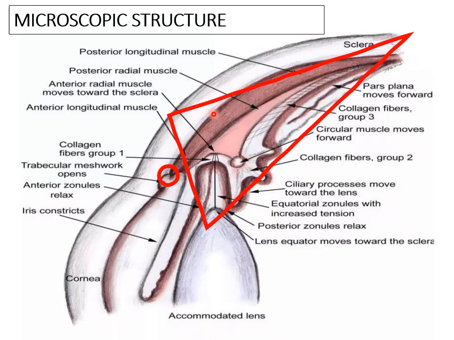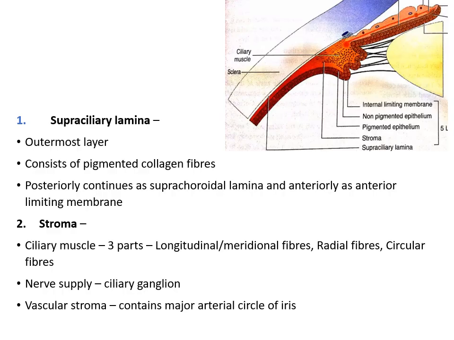The longitudinal muscles are mainly responsible for opening up the angle, involved in aqueous outflow dynamics. The radial and circular muscles are mostly involved in accommodation of the lens. These three groups of muscles form the bulk of the ciliary body.